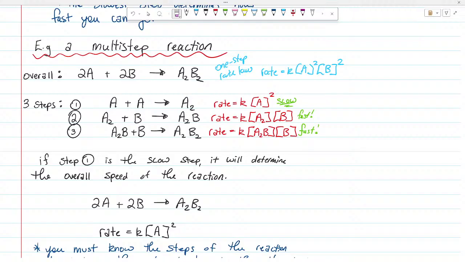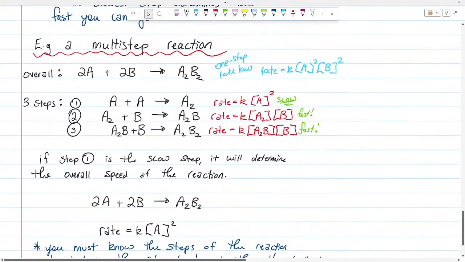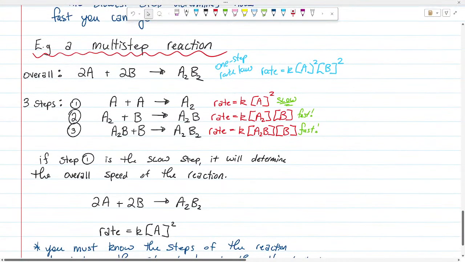In fact, in this case, you can add B till the cows come home and it doesn't speed up at all, which means any step that involves B is a fast step. It happens quickly. It's like cutting the bread. It doesn't matter. Only changing A matters, but doubling A doesn't just double the speed. Doubling A actually makes it go 4 times faster.